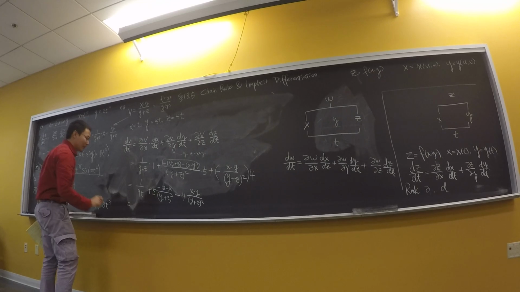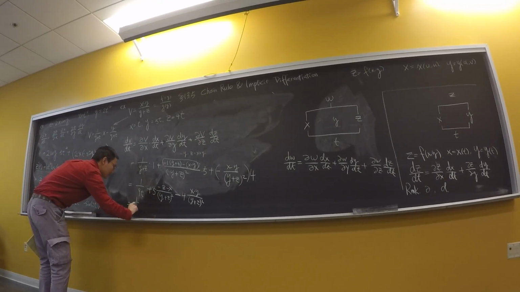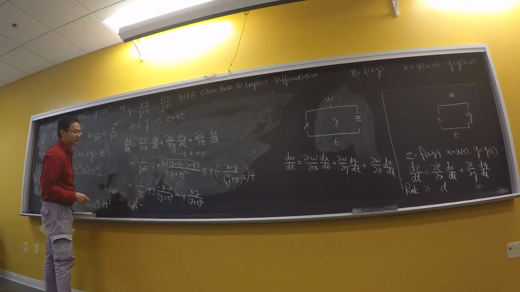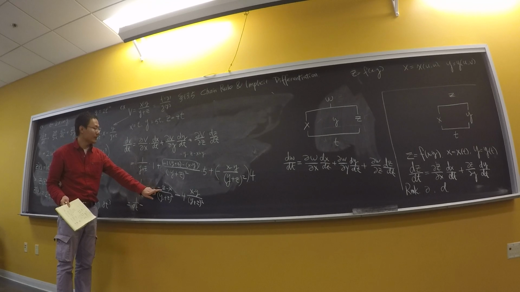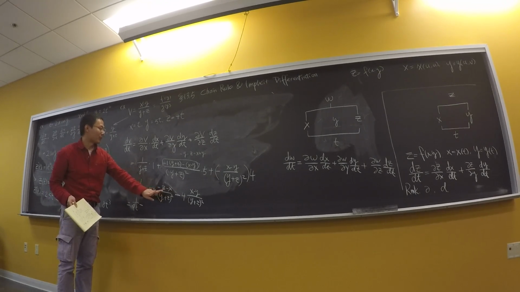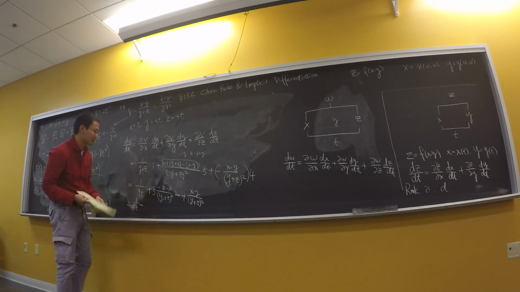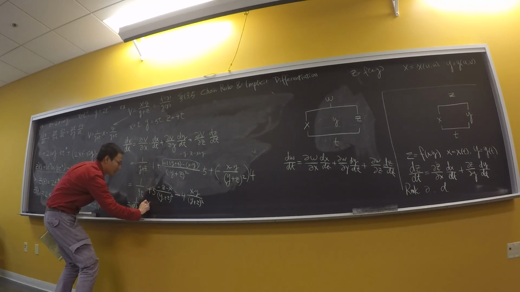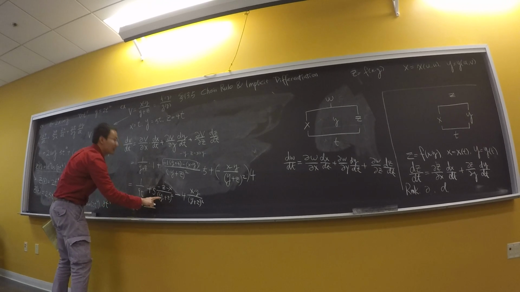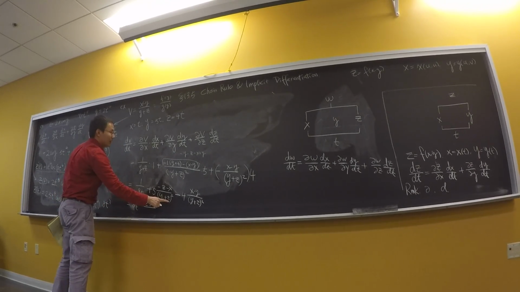So it's going to be 1 over 9t minus, so minus z minus x, you got a negative 5t. And then I have a 5, so it's going to be minus 25t divided by z plus y.